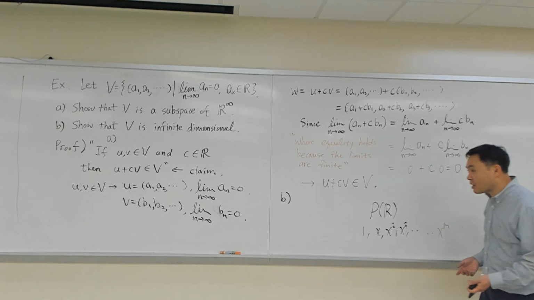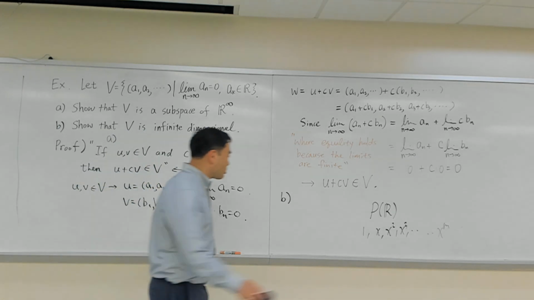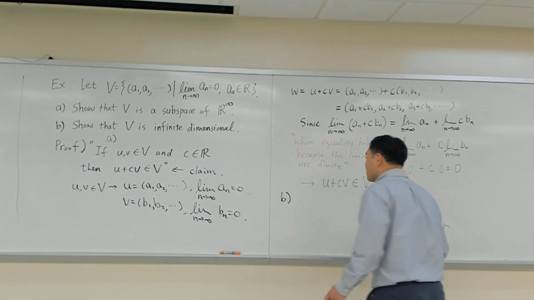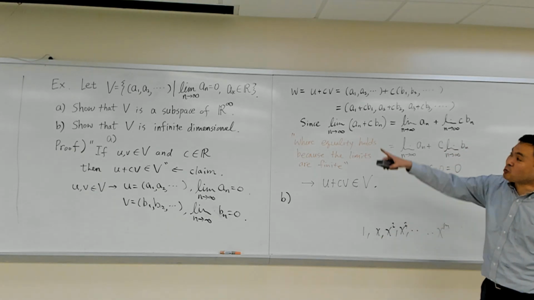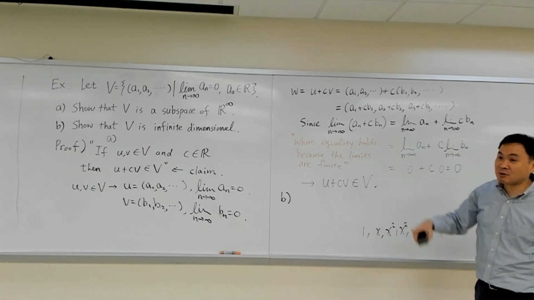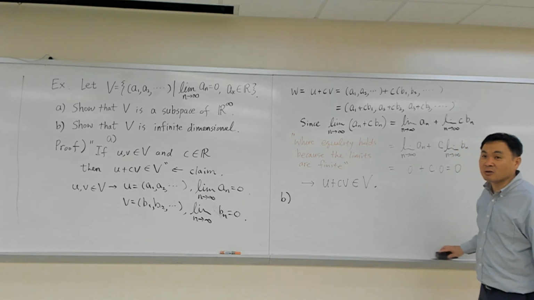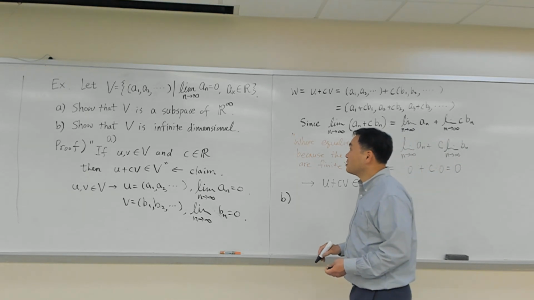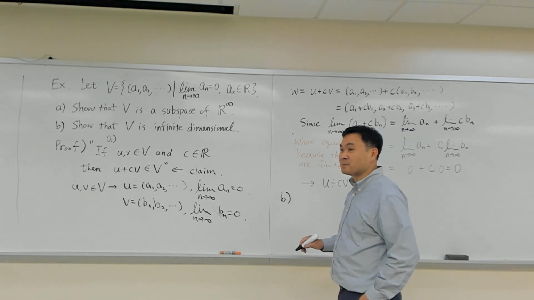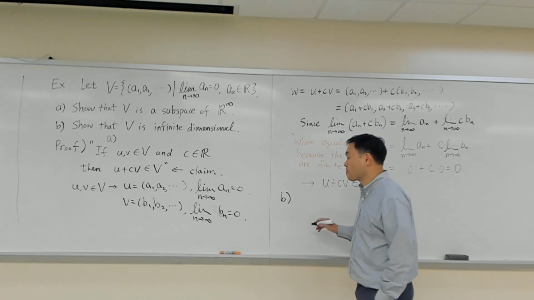So we're going to copy that and apply it here almost verbatim. Let me see if you have the intuition. These correspond to what kind of elements in V? Can you guess? A1, A2, and so on, to An, and the condition is that the limit as n goes to infinity of An equals 0.